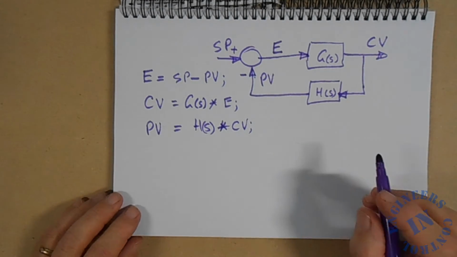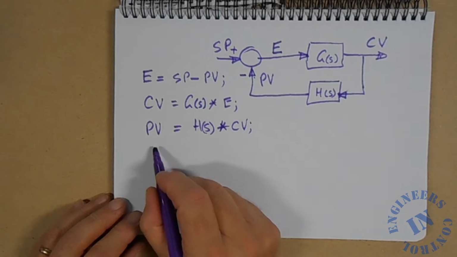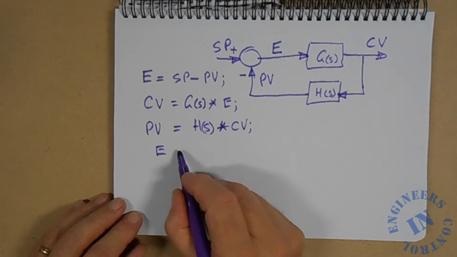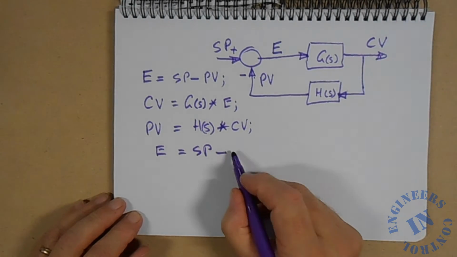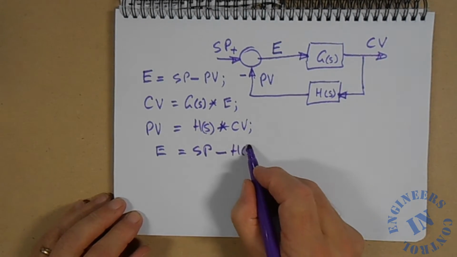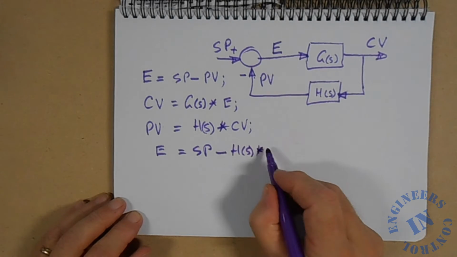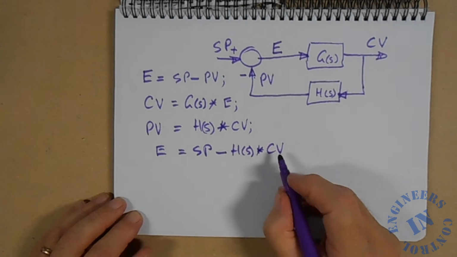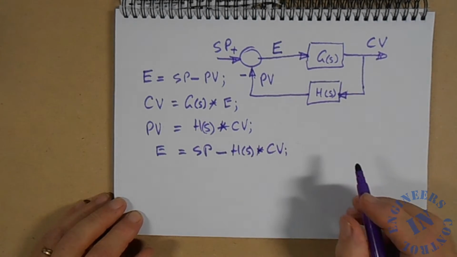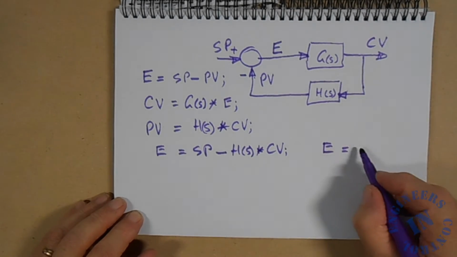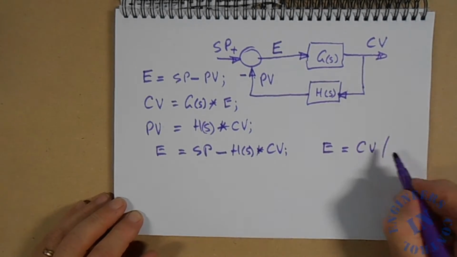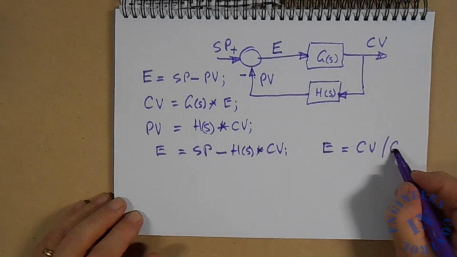So, E is the set point minus H(S) multiplied by CV, and therefore E equals CV over G(S).